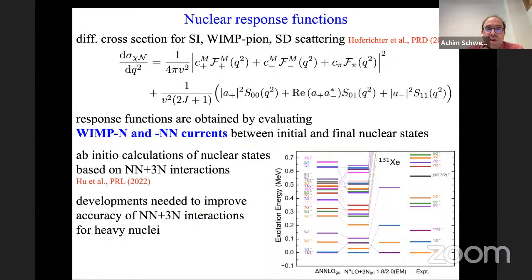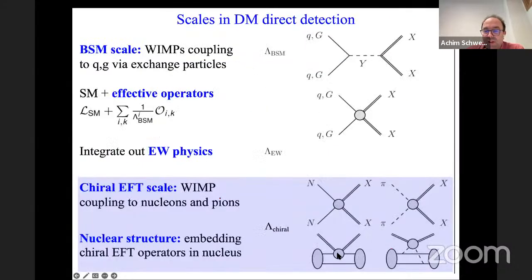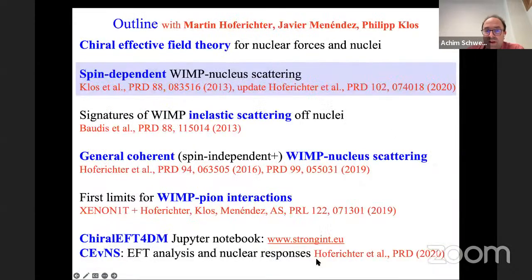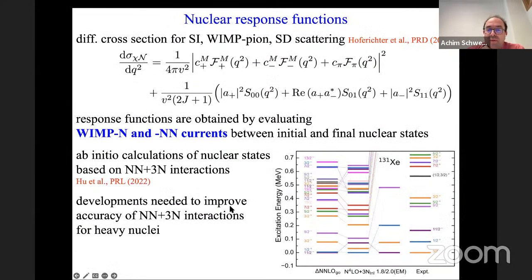Now we want to calculate these response functions, which is basically sandwiching the WIMP single-nucleon or WIMP two-nucleon currents inside ground state wave functions that come out of these large calculations. I want to point your attention to the fact that there is a lot of interesting work, as we discussed at the beginning, on using ab initio calculations, like what I showed you for the oxygen chain, also for heavier nuclei.